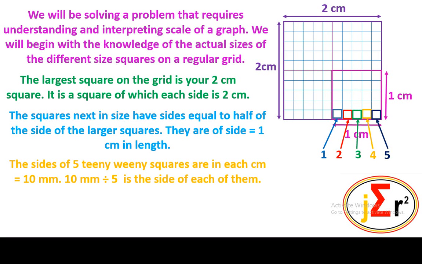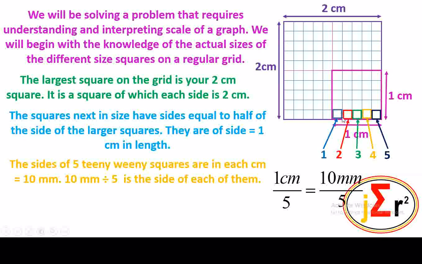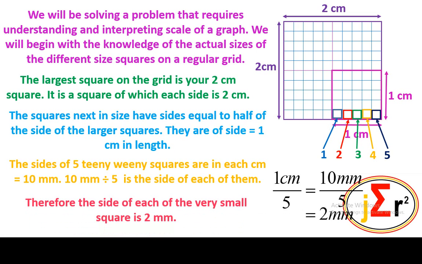Therefore, the length of each of them will be 10 millimeters divided by 5. So each one will be 2 millimeters in length. So there we will have the 2 millimeter squares. Each side is of length 2 millimeters. Therefore, the side of each of the very small squares is 2 millimeters.